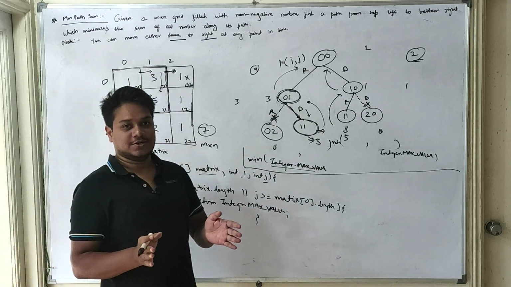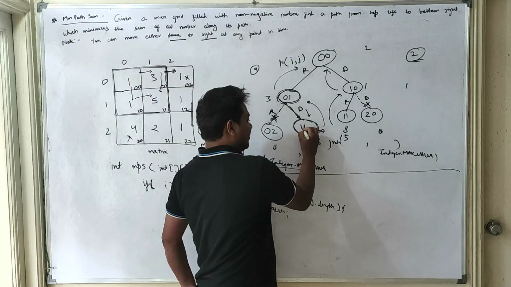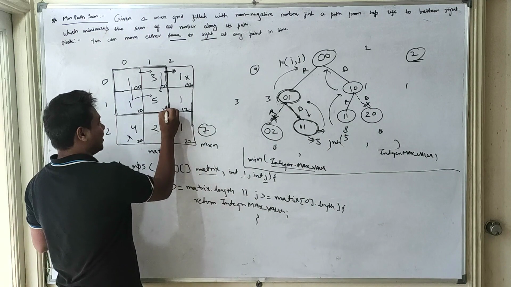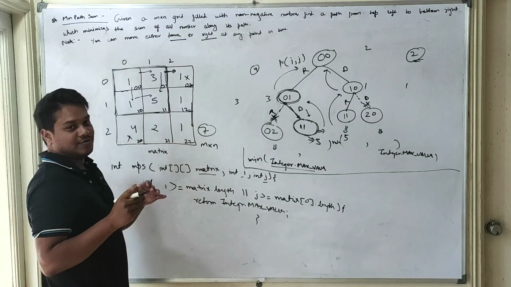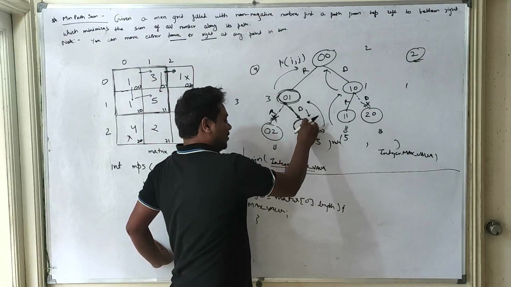Now the other derivation from this one is that if we land to the cell, the last cell for our subproblem, the last cell is 11. So if we land to the final cell, then we will return the value of that cell.